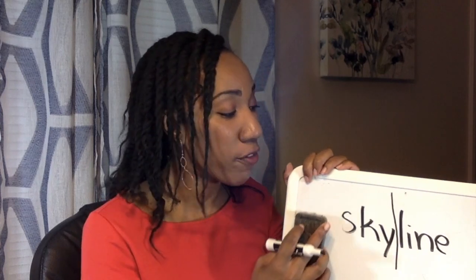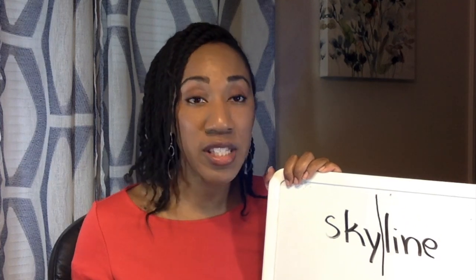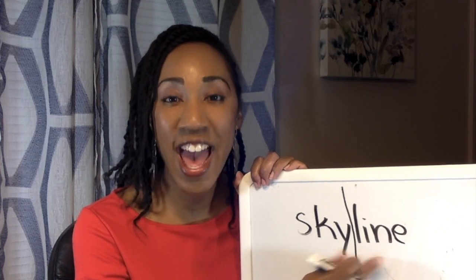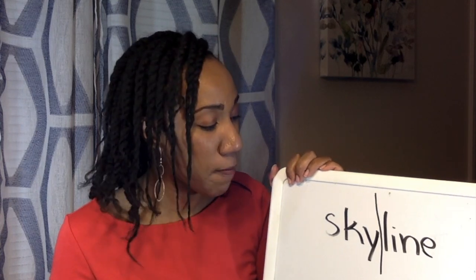We know that a syllable is a part of a word. So every syllable has its own vowel sound. If you're having trouble hearing where the syllables are, in skyline, the vowel sounds are I. It has 2 vowel sounds, which is the reason why the word has 2 syllables, okay? The next word is mapping, okay?